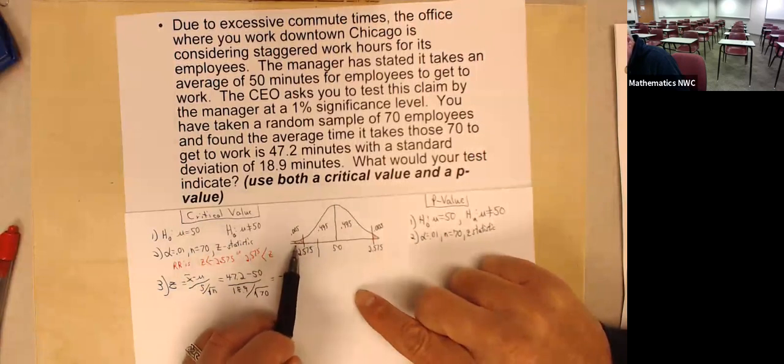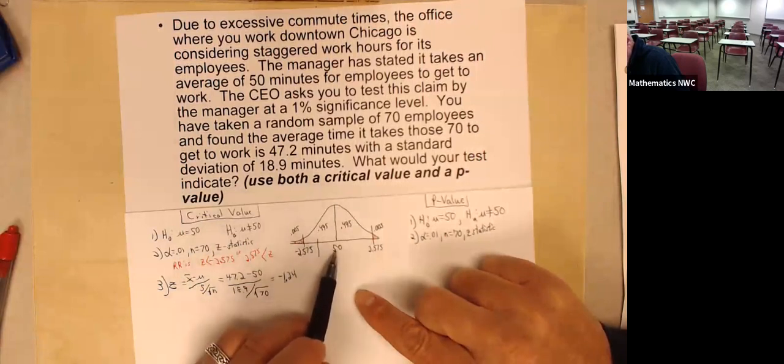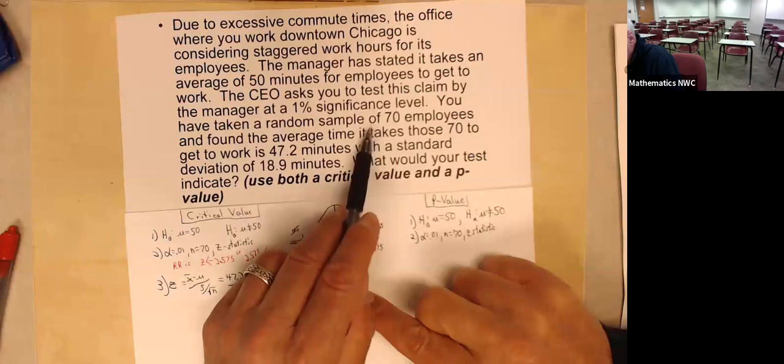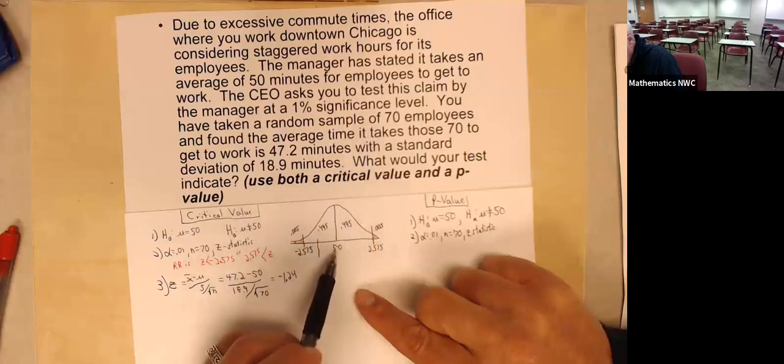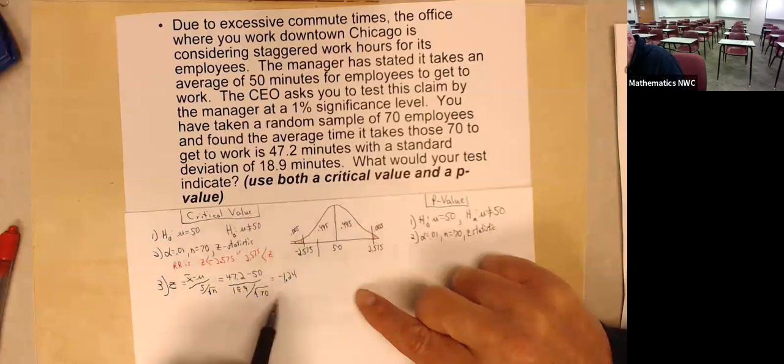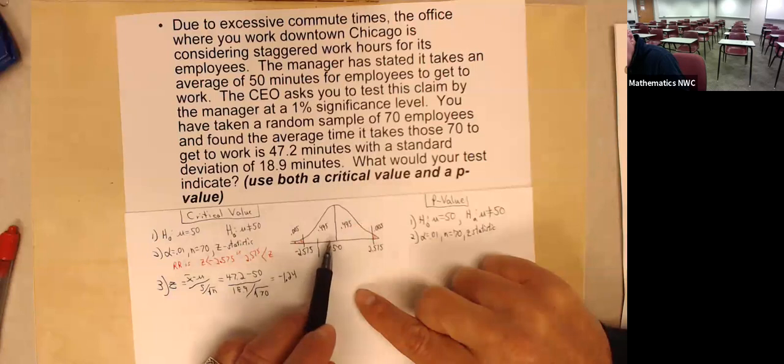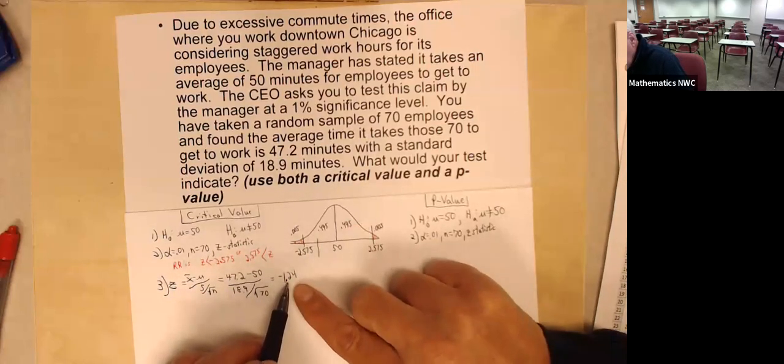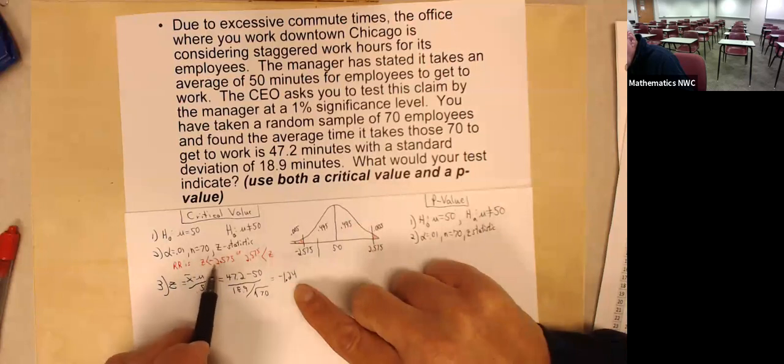It's not so far away from 50 that we believe 50 is false. It's within reasonable variance because we recognize taking some sample, we're not going to hit 50 exact every time, but it should be reasonably close. And this 47.2 was reasonably close. Therefore, this number is not in that rejection region.